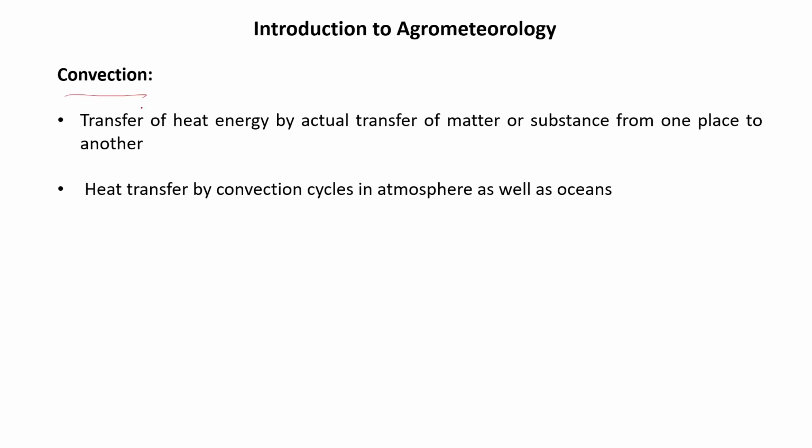Convection. Transfer of heat energy by the actual transfer of matter or a substance from one place to another. So that is the convection process. Heat transfer by the convection cycle in the atmosphere as well as in the ocean.